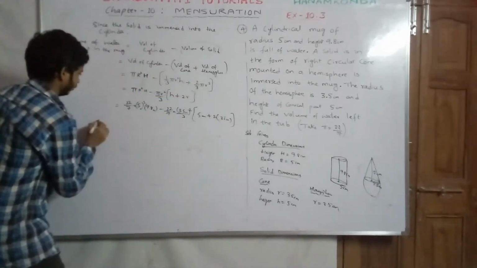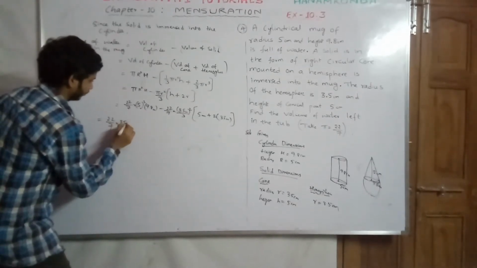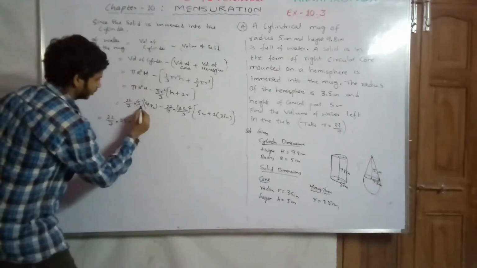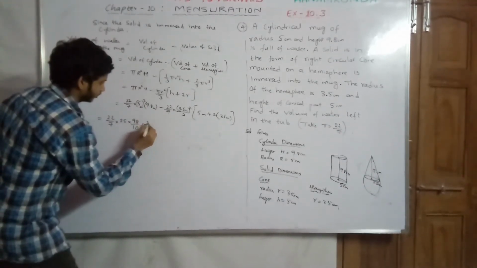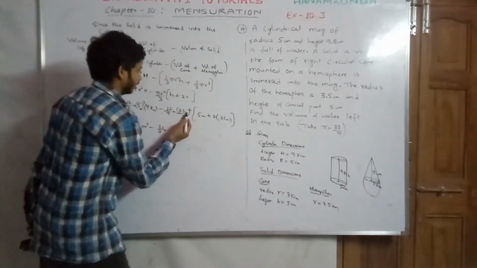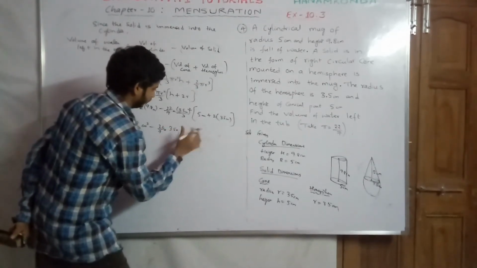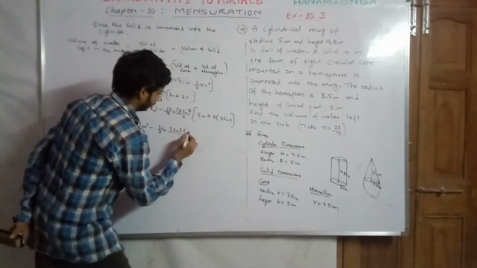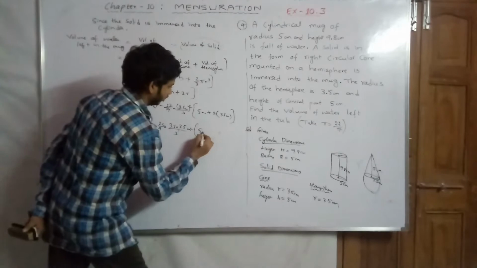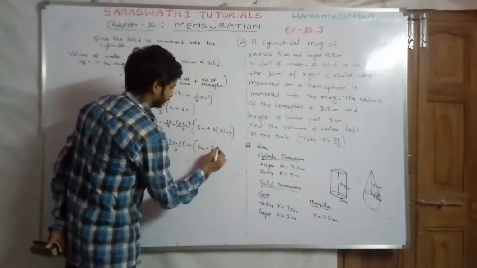So 22 by 7 into 25 into 98 by 10 cubic centimeters, minus 22 by 7 into 3.5 into 3.5 by 3 into (5 plus 2 into 3.5, which is 7) centimeters.